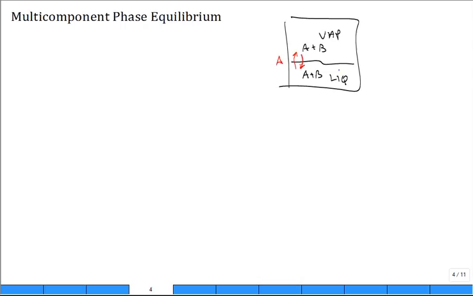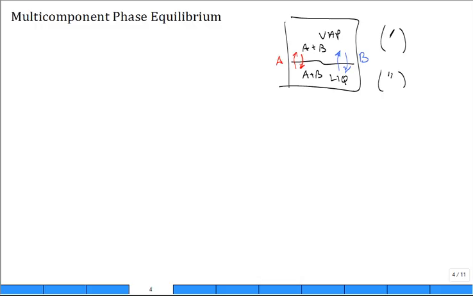Likewise, there's some B going from liquid to vapor and some B going from vapor to liquid, but at equilibrium, those rates of exchange are balanced. So we have still 2 phases. We'll use the prime, double prime for the vapor, and then the liquid.